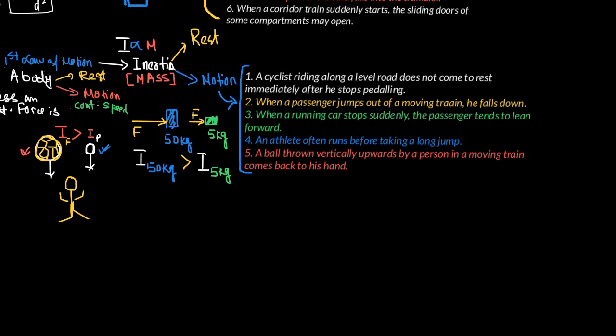But when he hits the ground with his feet, the frictional force between his feet and the ground or the platform has put his lower portion of the body at rest, but the upper portion of the body will still be in motion, and he tends to fall on his face.